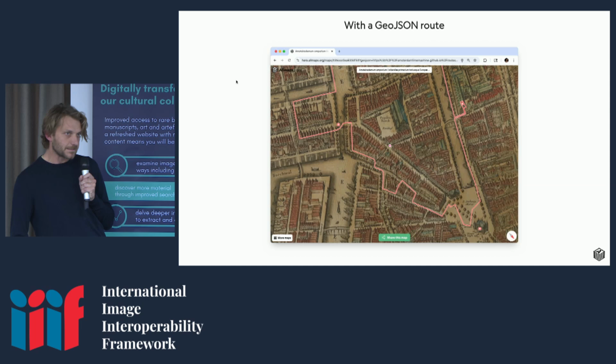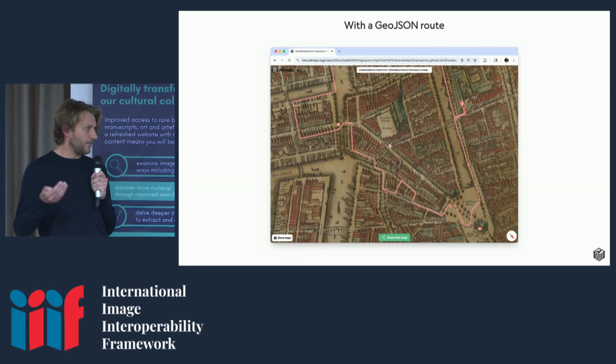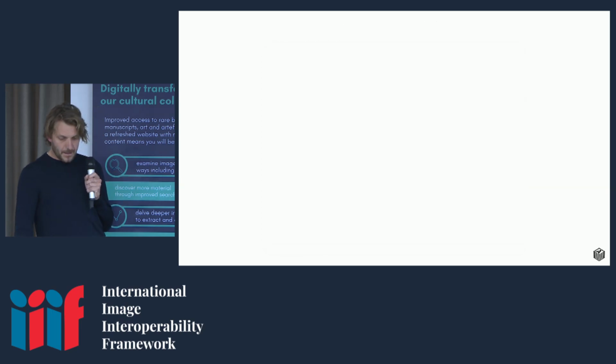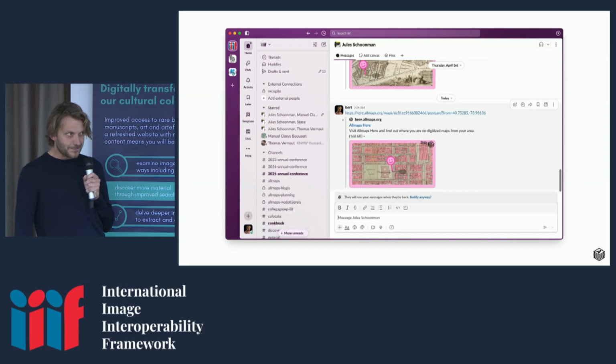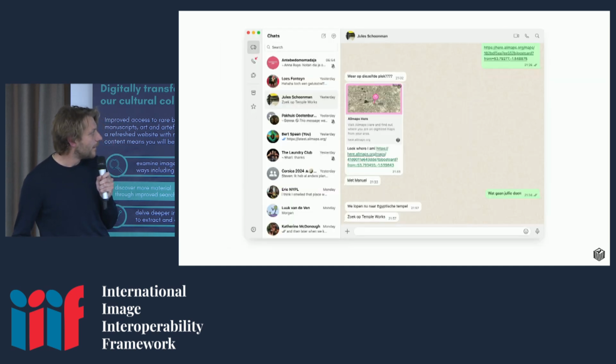You can also do other things like loading a GeoJSON route and then transforming that to pixels, so you can do a walking route on top of a map of Amsterdam in this case. Just some screenshots of me sharing my location, mostly to Jules. So this is on Slack, so it generates a preview image if you paste the link there.